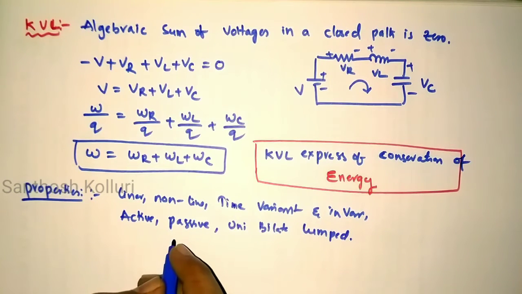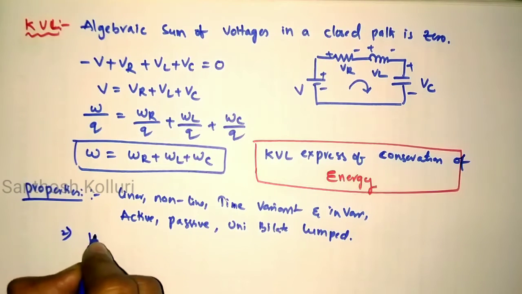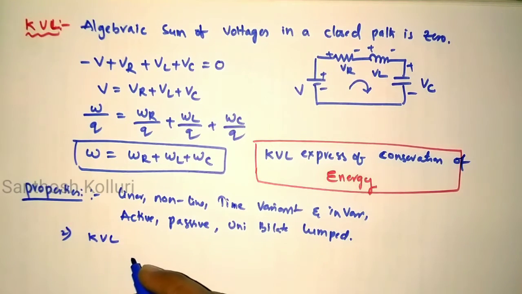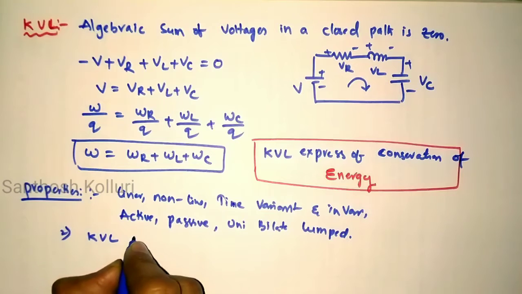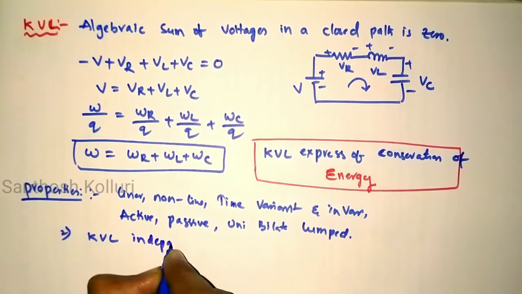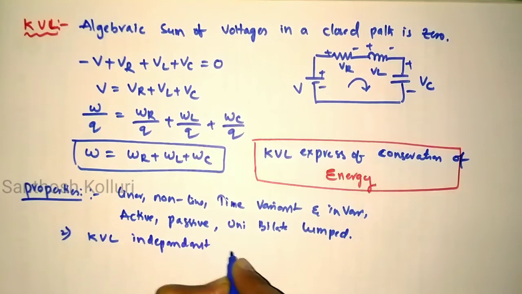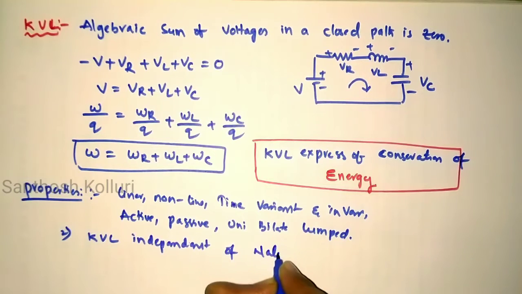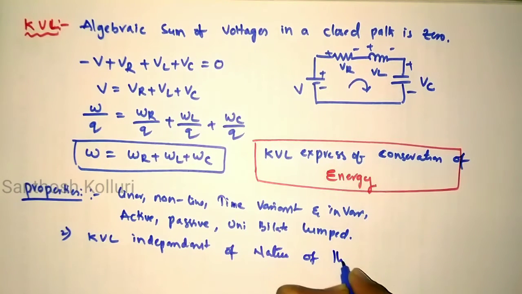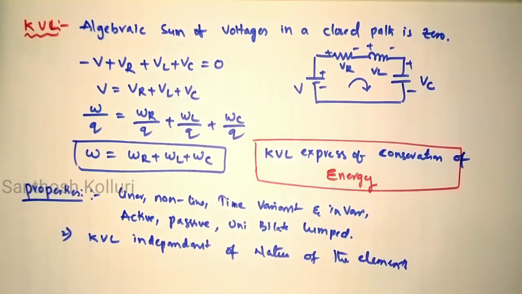And KVL is also independent of the nature of the element. Similarly, as we saw in the KCL, KVL is independent of the nature of the element which it is connected. So these are the properties of KVL.